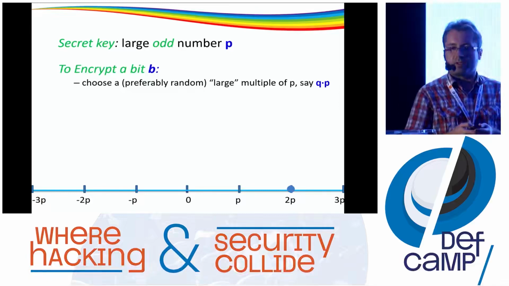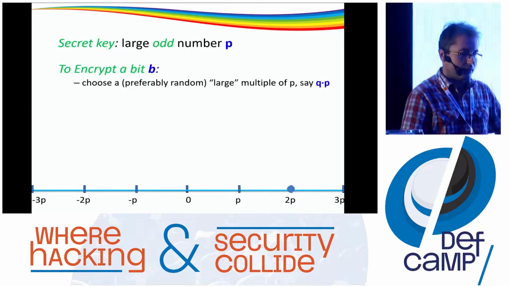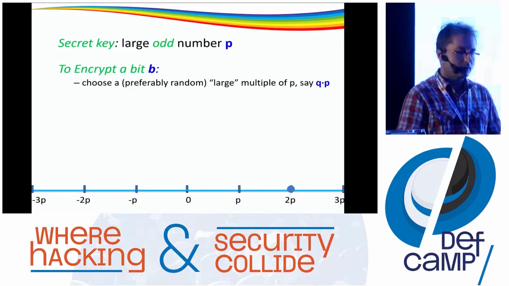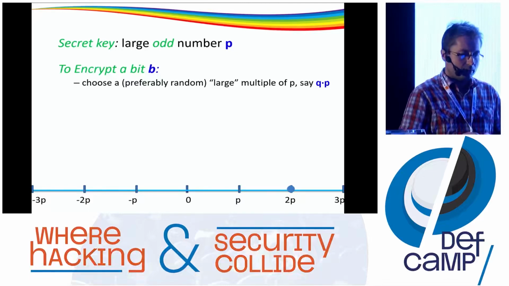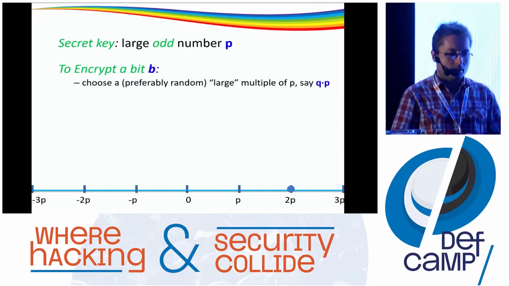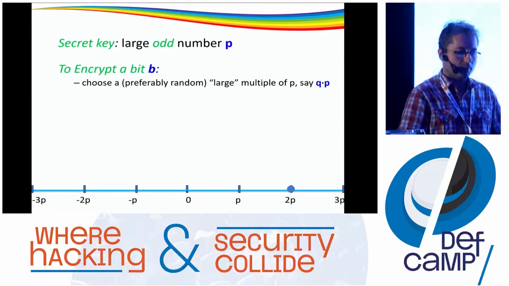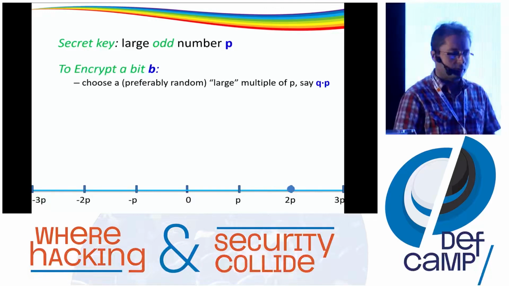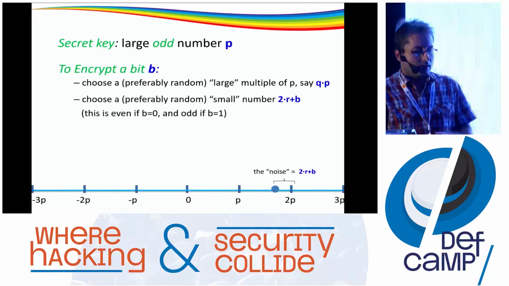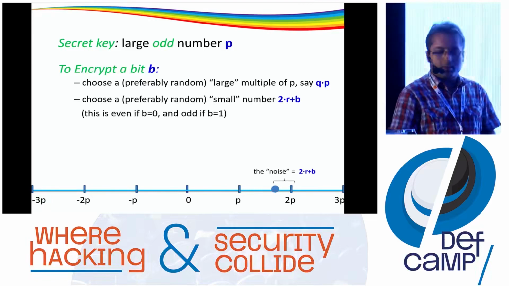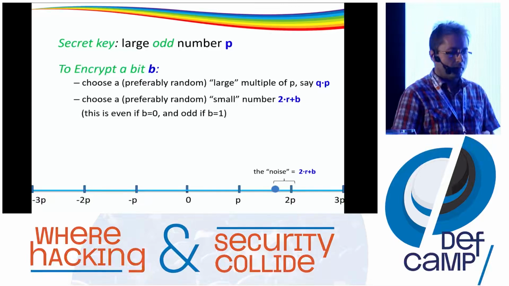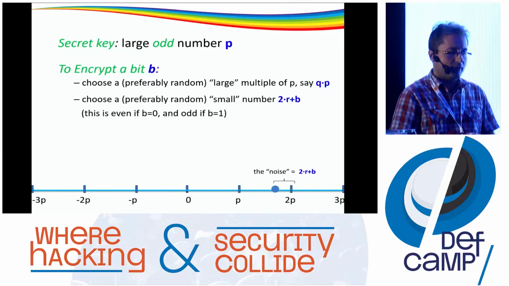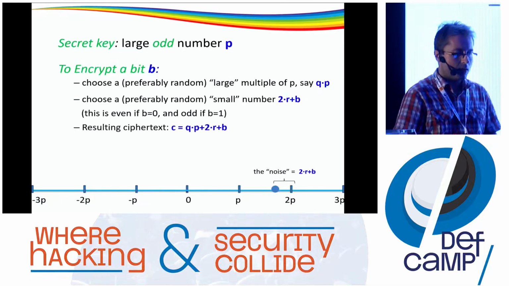Basically, just as a proof of concept, if we were to encrypt a bit B, then we can choose a large multiple of P, so we have the product Q times P. Then we choose a preferably random small number, which is 2 times R plus B, which is even if B is 0 and odd if B is 1.